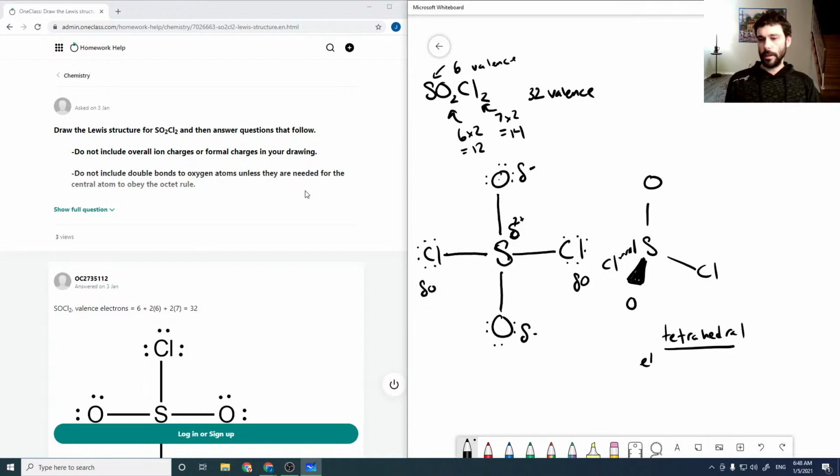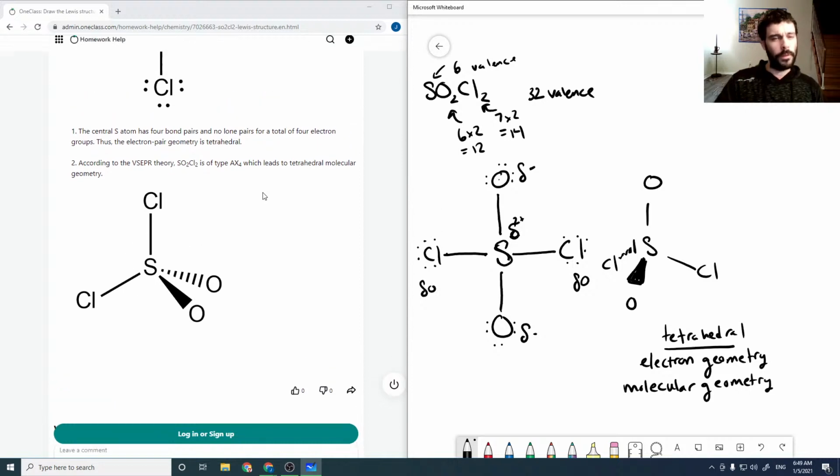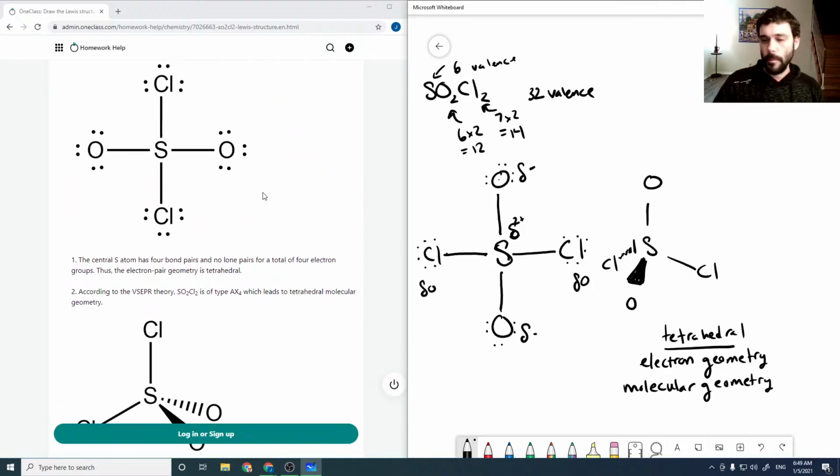So it's a tetrahedral electron geometry, as well as a tetrahedral molecular geometry. As in, the electrons in the bonds have the same shape as the atoms surrounding the sulfur. I'm not sure what the other questions are. I believe that is the questions. Okay. So there's our Lewis structure.